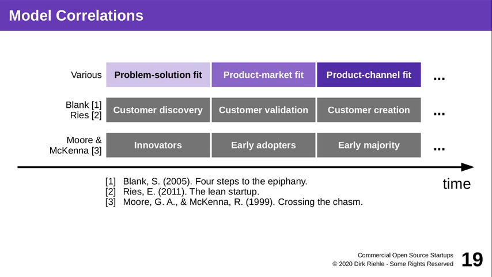It's not identical, but I think it pretty closely maps the problem-solution fit, product-market fit, and product-channel fit, so I will stick to the more common terms of problem-solution fit and product-market fit. It also loosely matches the stages of a startup and the wholeness of the product as Geoffrey Moore and McKenna defined it, by selling to innovators first, then the early adopters, and then the early majority.